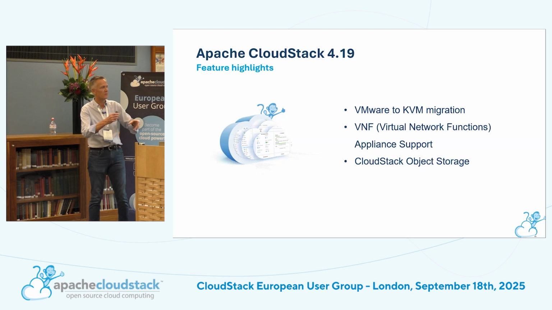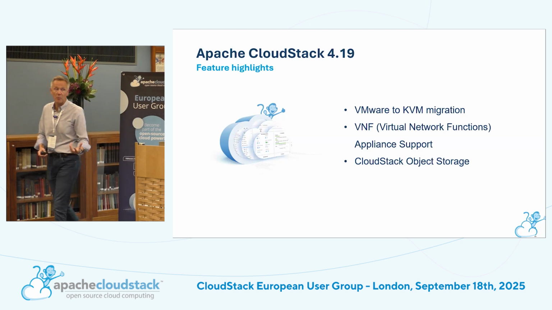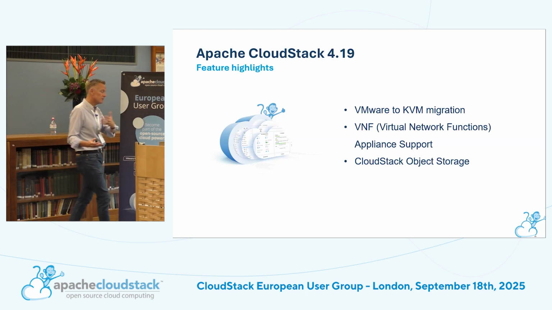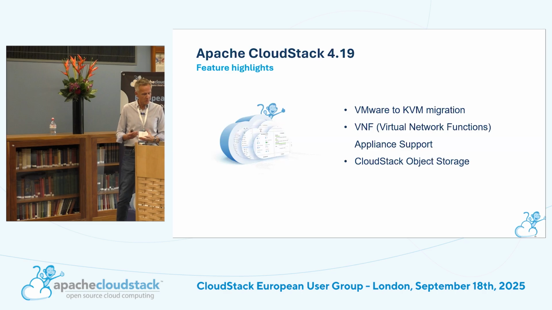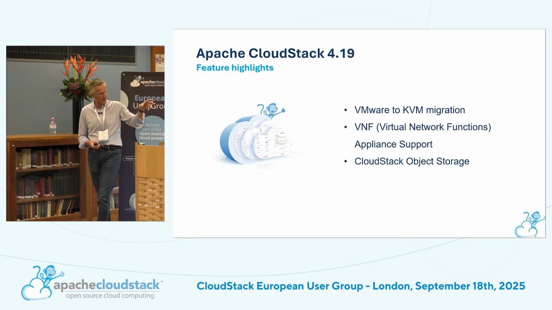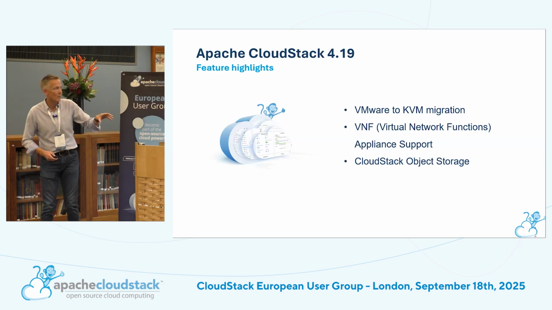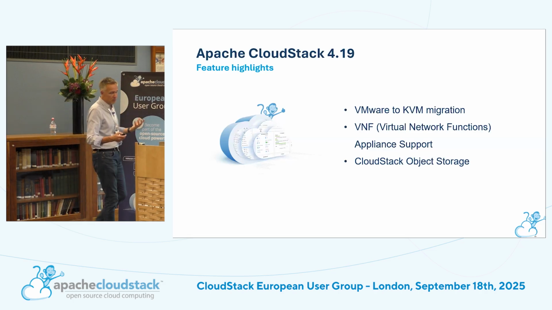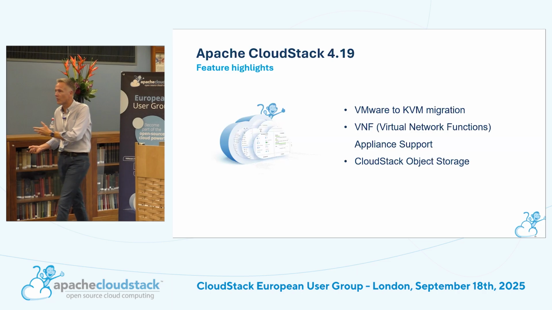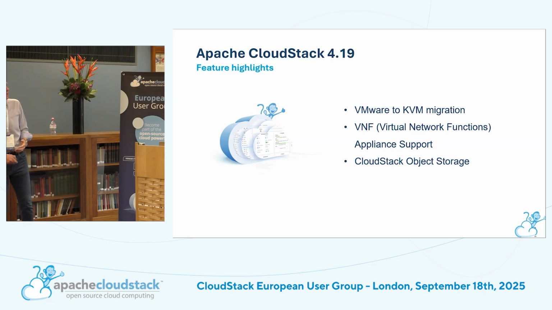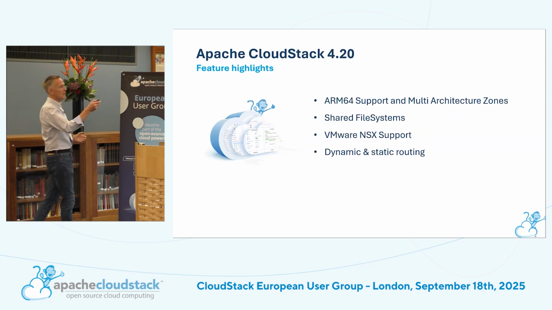Now you can deploy these virtual network functions as virtual appliances. Again, not new, but something that we thought was worth mentioning. Usage recorded for billing, and it supports API and UI setup and deployment from within the UI. And object storage, again, not a huge headline a couple of years on, but just to give you an idea about what's happening in these last few releases.